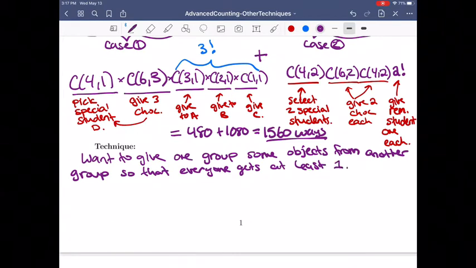Now this can be done in different ways, so it doesn't have to be at least one, but like I said, this sort of category of examples is hard to describe.